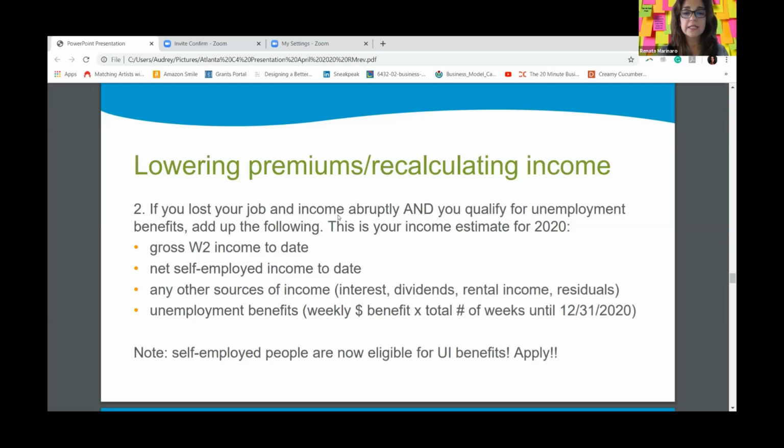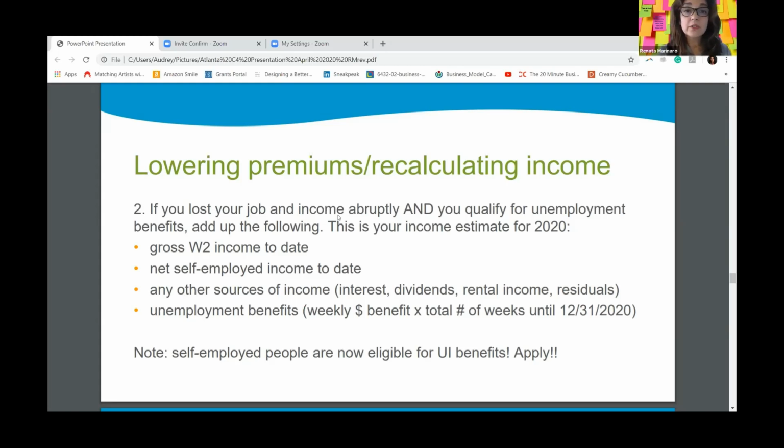First, your gross W-2 income to date. If you look at your last pay stub, that's your year-to-date gross. You're also going to include any net self-employed income. From self-employed income, which is 1099 income, you can deduct business expenses. You cannot do that from W-2 income. So W-2 income is gross, 1099 income is net of business expenses.